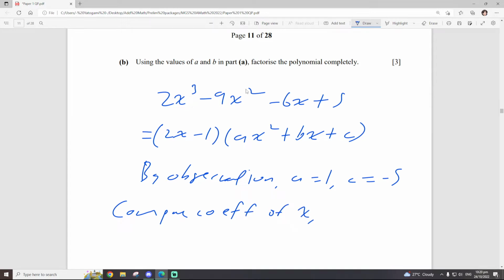We have -10 - b = -6. Oh wait, I should probably not use a and b because we already defined a and b earlier, so I should probably use different letters. Let's try p, q, and r. Okay, so this is p, this is r, then this is q. Okay, so q is -4.